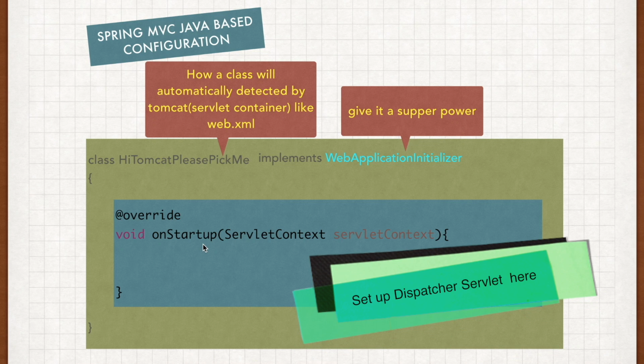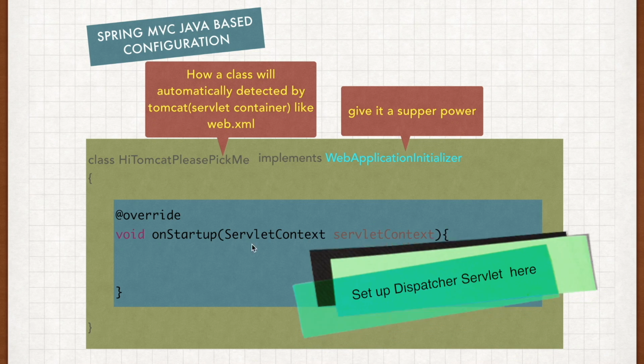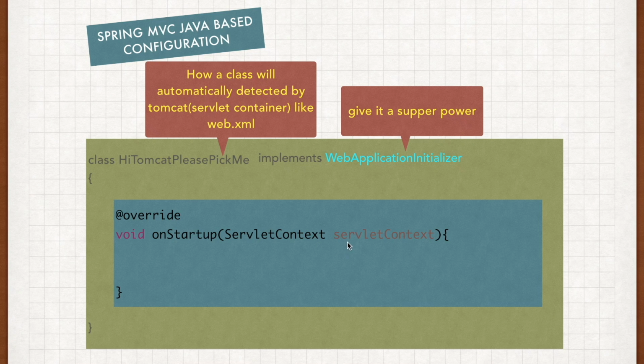So as you can see, this onStartup method takes an argument of ServletContext, right? So inside this particular method onStartup, we can create our dispatcher servlet right here. Tomcat is going to pick this class, obviously it has a method. Inside this method, we'll create our dispatcher servlet object, right? So automatically our dispatcher servlet object will be created.